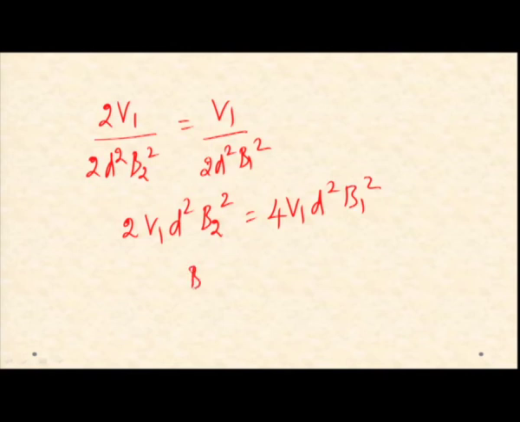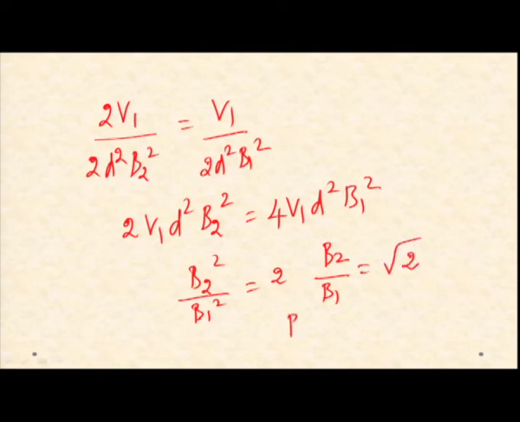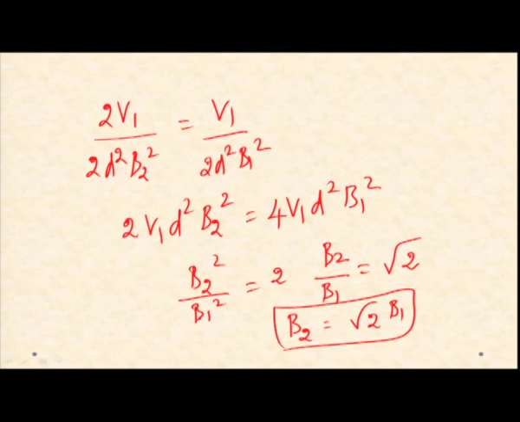So B2 square by B1 square is equal to 2. So B2 by B1 is equal to root 2. So the new magnetic field to be applied should be root 2 times the old magnetic field. This is the answer for this question.